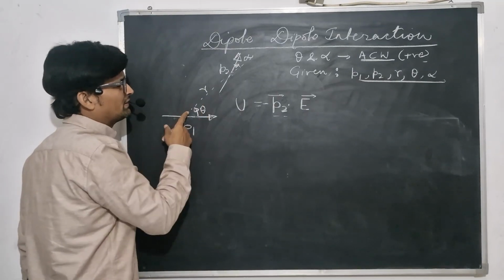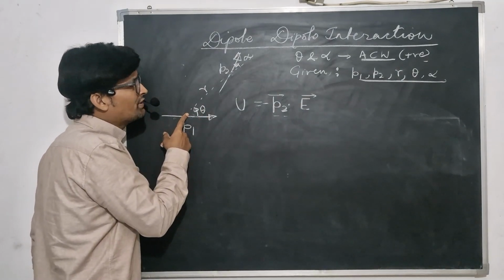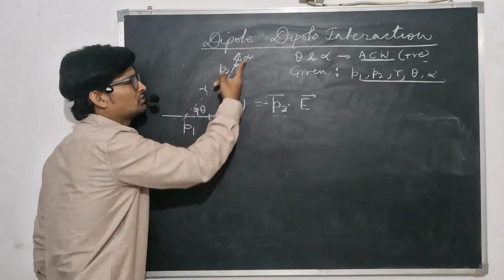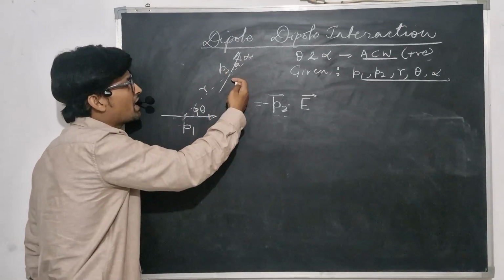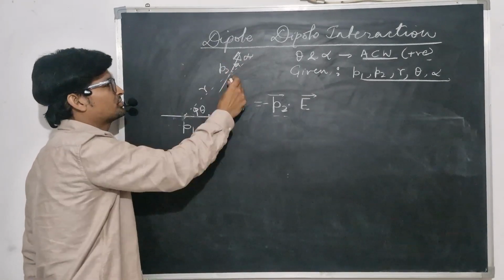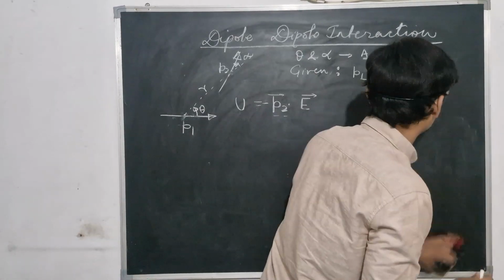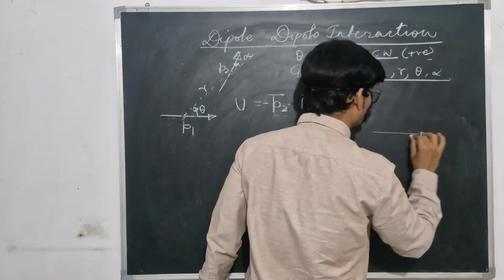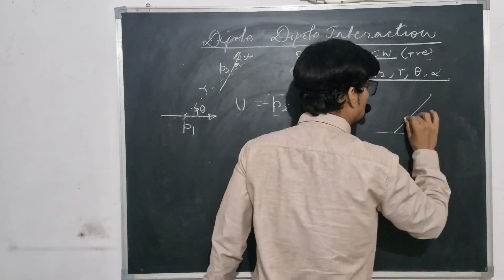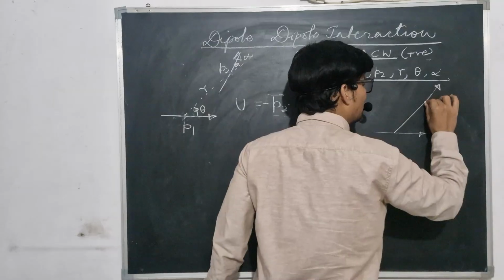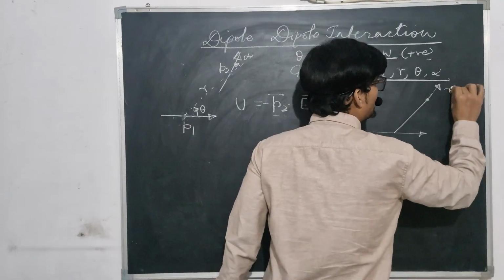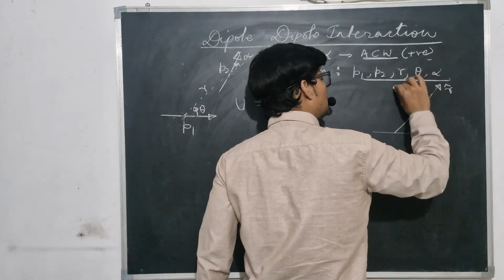So why not define the unit vector along the r direction, along this radial direction, and perpendicular to this radial direction, you will have theta cap. So I'm defining this here. In this direction, I have r cap, and in this direction, I have the theta cap.